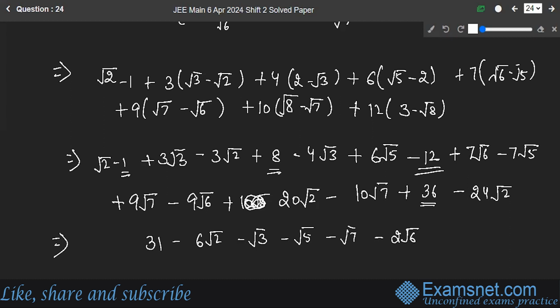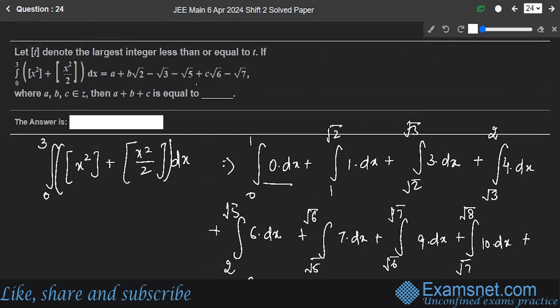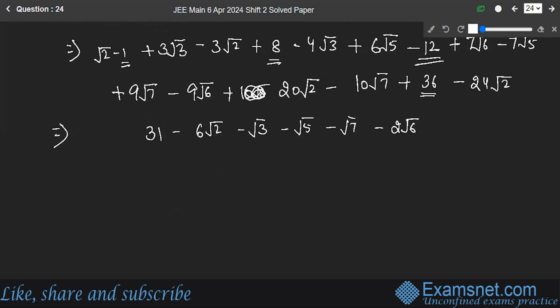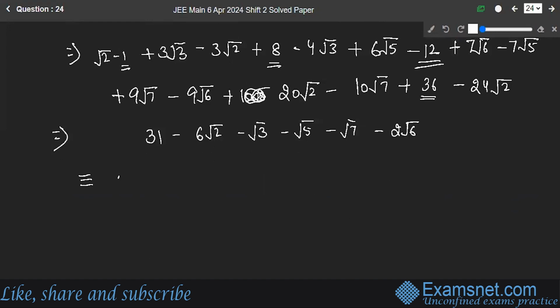So if I compare it with the given equation, which is this one, a plus b root 2 and all that. So this is equivalent to a plus b root 2 minus root 3 minus root 5 plus this and minus root 7.